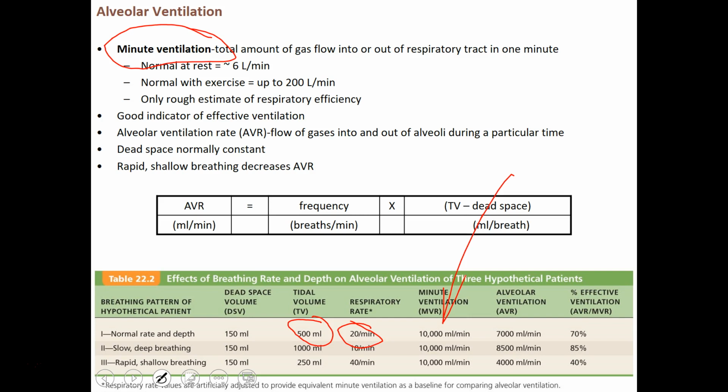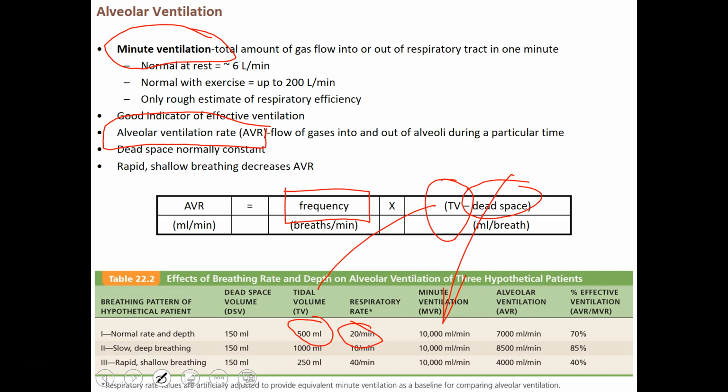Now, the problem is that you still have dead space, and dead space does not contribute to actually gas exchange. So to see how much air reaches alveoli, we calculate alveolar ventilation rate, which is tidal volume minus dead space multiplied by the frequency of breathing.